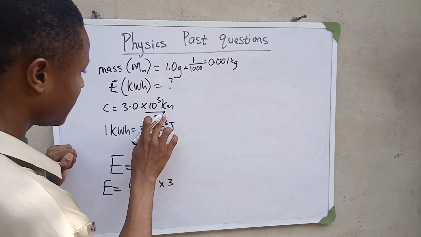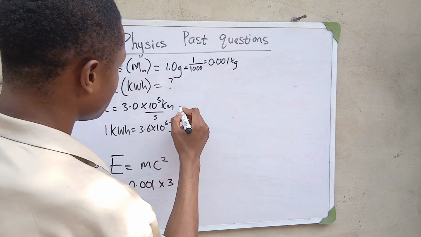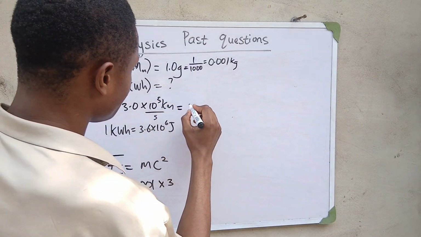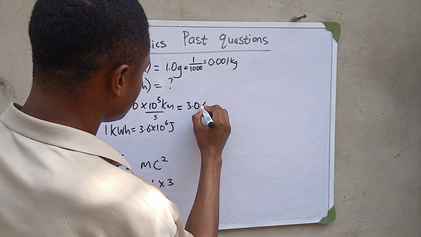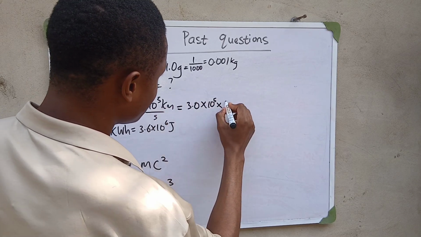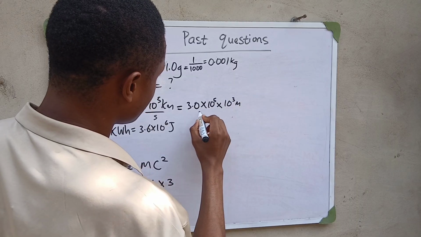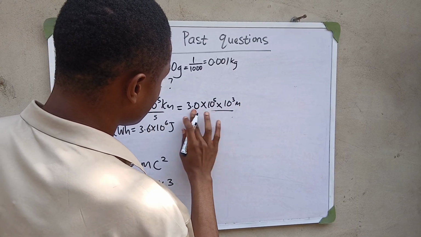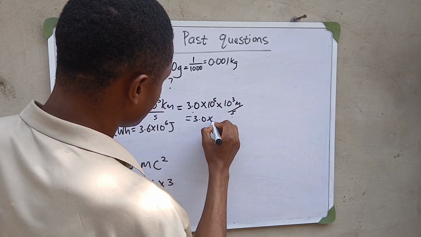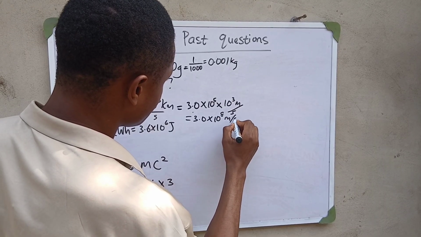We are meant to convert it to meters per second. So we have 3.0 times 10 raised to power 5 times kilometer, which is 10 raised to power 3 meters, all over a second. So this is 3.0 times 10 raised to power 8 meters per second.